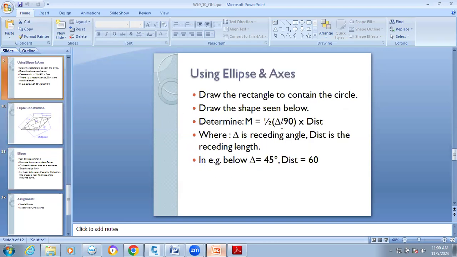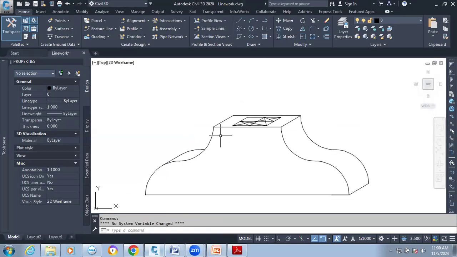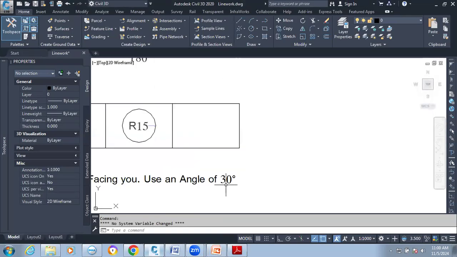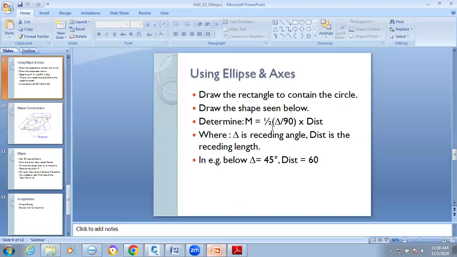So half the angle we have is 30, so 30 over 90 is a third, and half of that is a sixth of the distance.